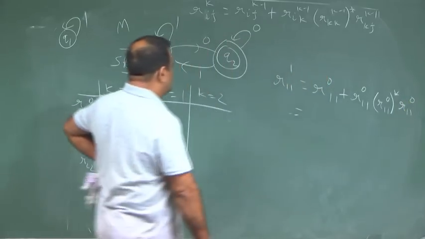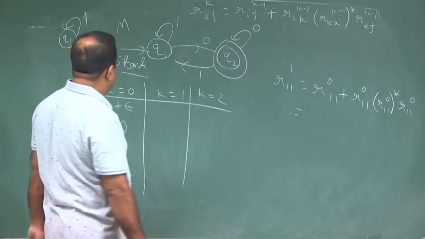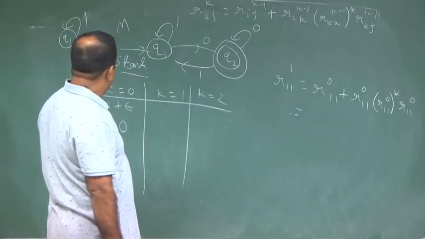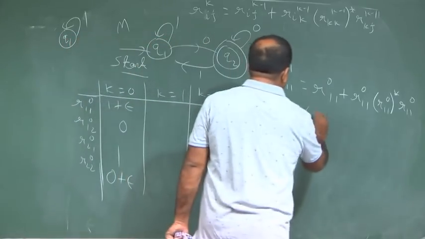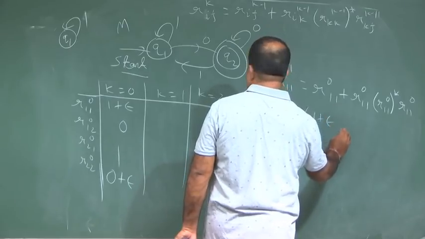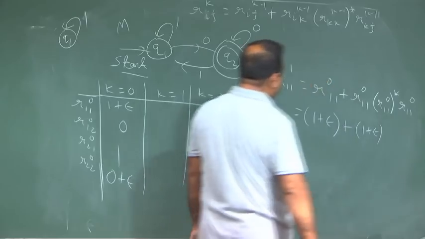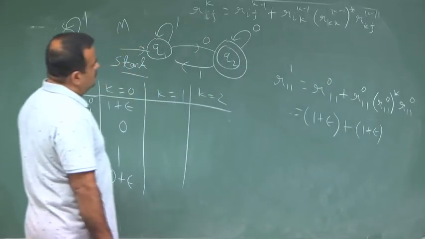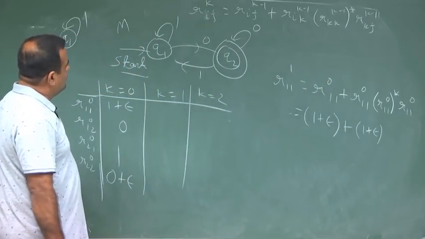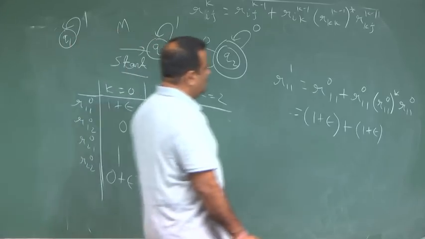So, if we use this, this is our 1 plus epsilon for R 1 1 0, then 1 plus epsilon star, then 1 plus epsilon.